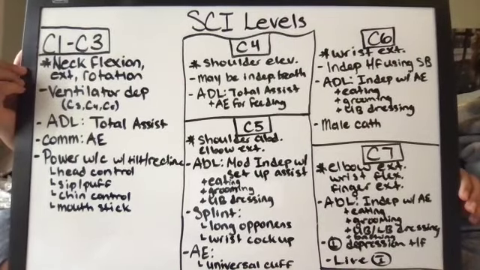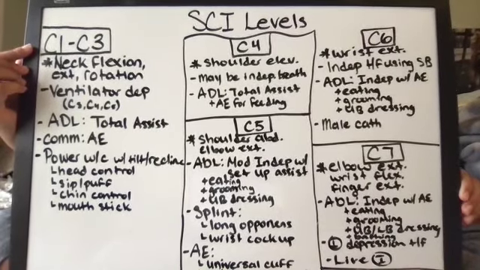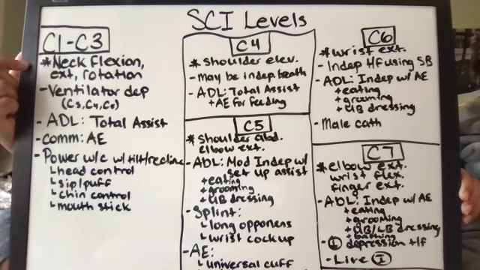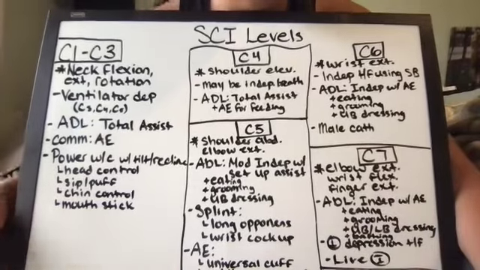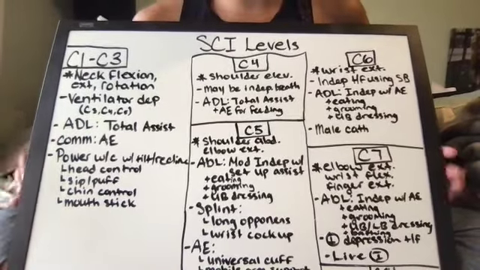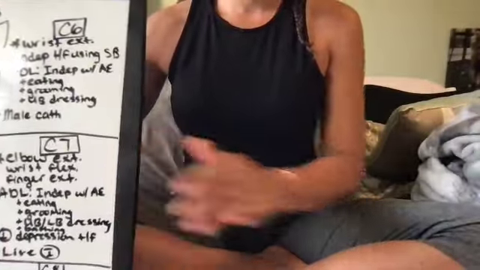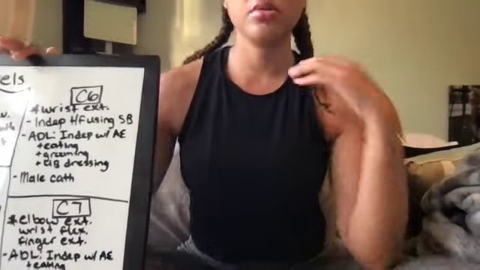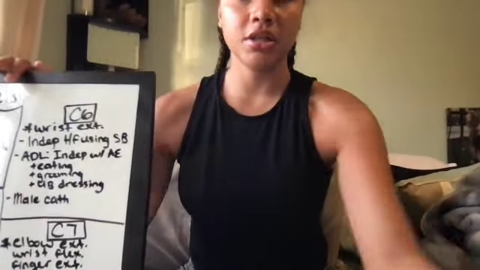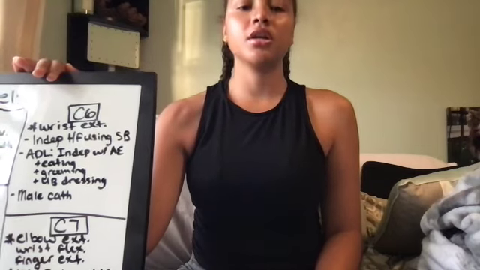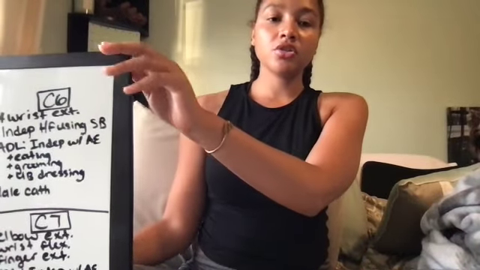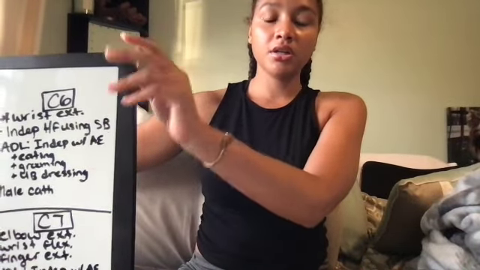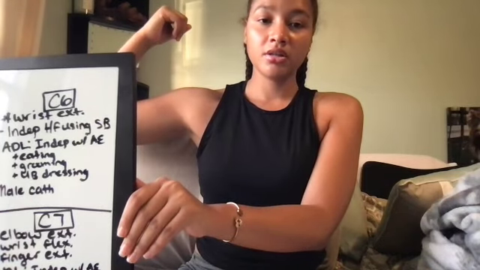So the first level, C1 to C3. This is neck flexion, extension, and rotation. I kind of remember this through movement sequences. So when I think of C1 and C2, it is neck flexion and extension. C3 is rotation. C4 is shoulder elevation. C5 is shoulder abduction and elbow flexion.